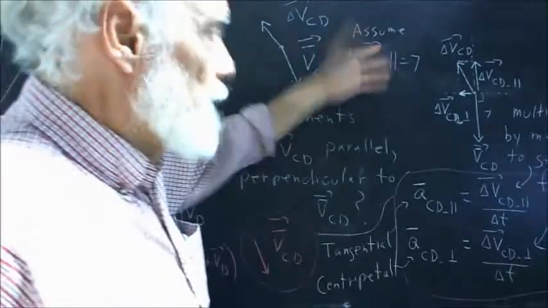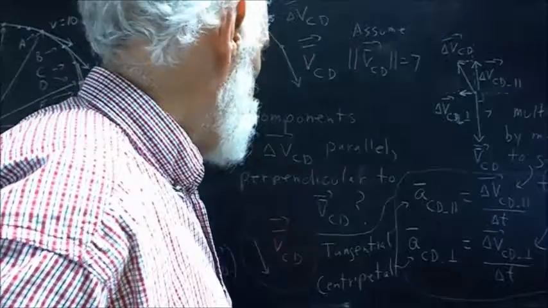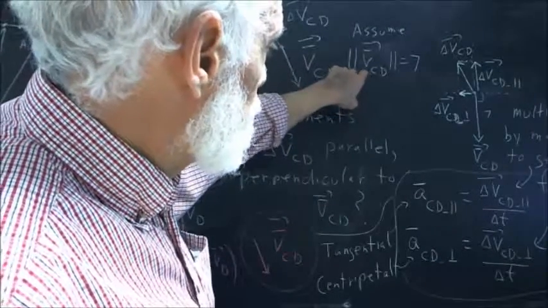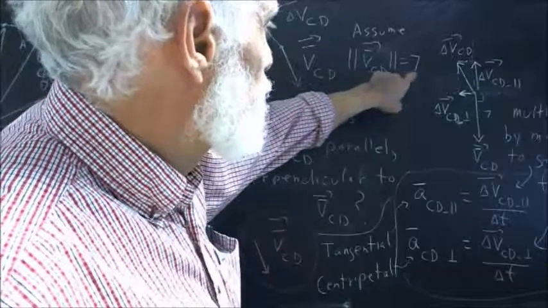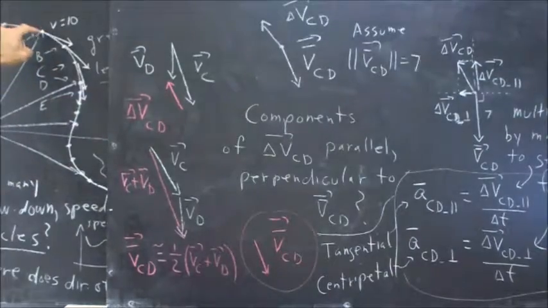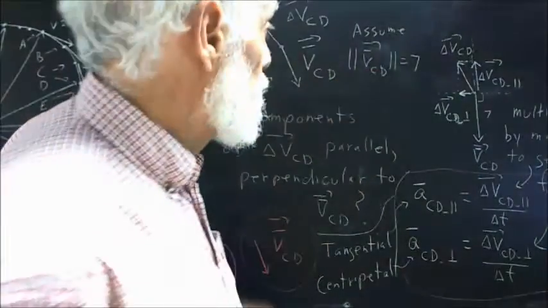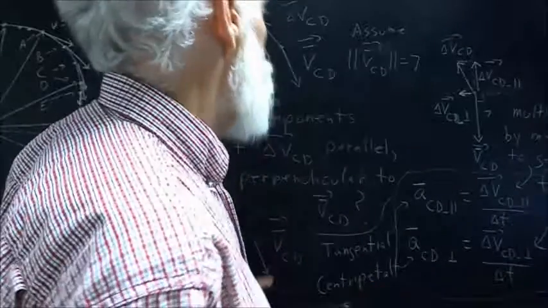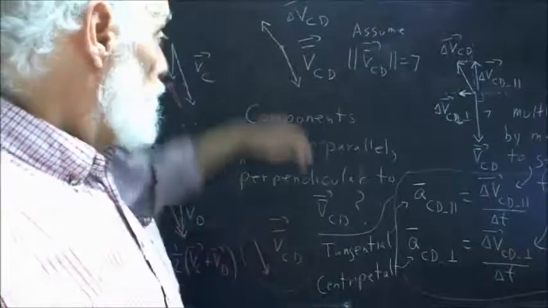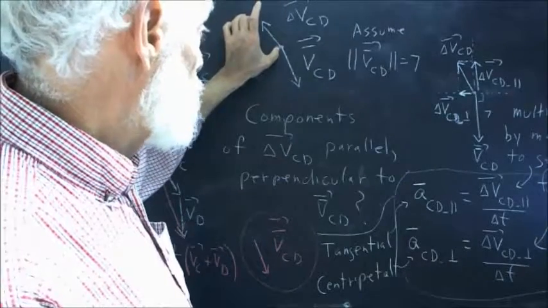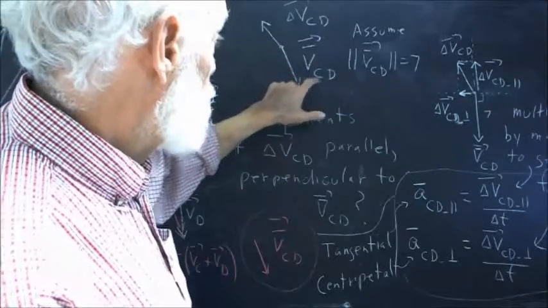We're making an assumption, just for numerical purposes, that the average velocity between C and D is about 7 on the scale, where before the length of this vector was 10. Under that assumption, I asked people to estimate the components of the delta VCD vector in the direction of the average velocity.